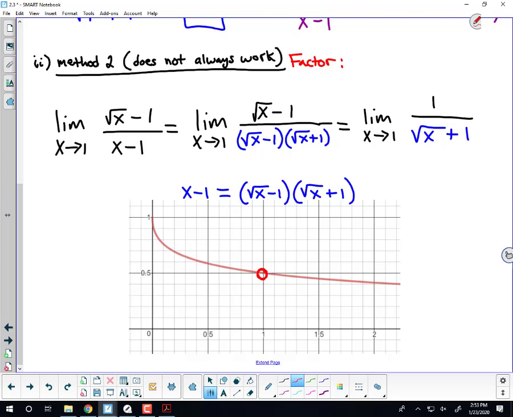So there's our hole at 1/2. Again, that method doesn't always work. Does anyone have any questions?